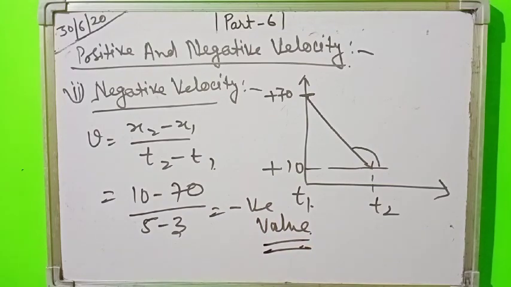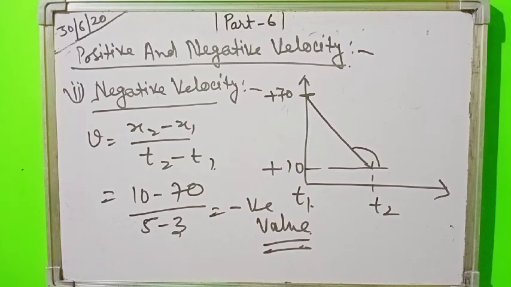So if the final position is smaller than the initial position, then the slope is negative, and it is called negative velocity.